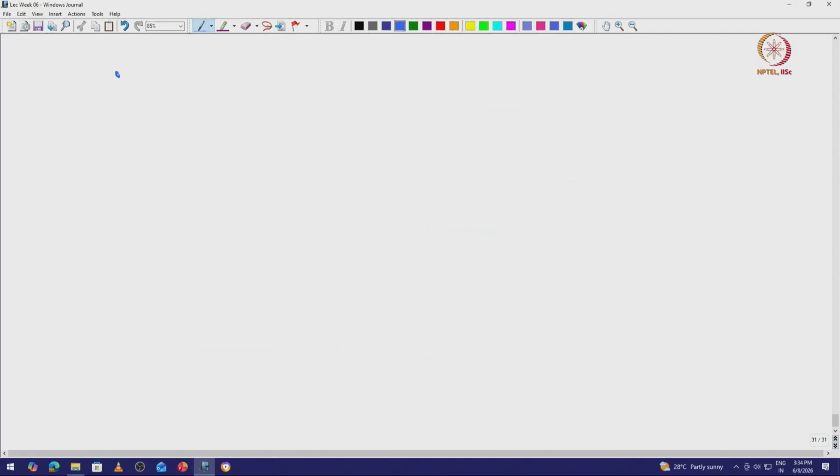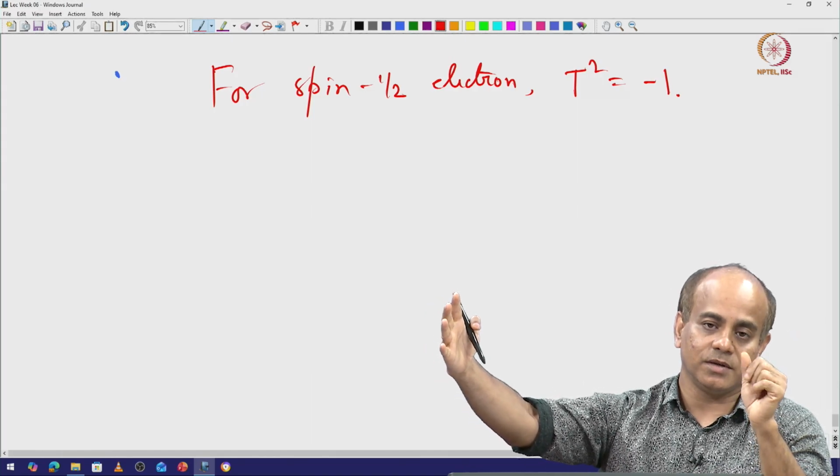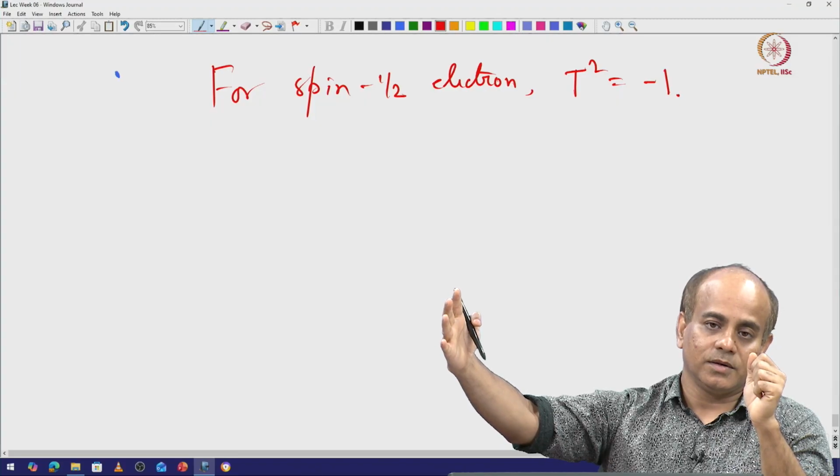So, let me rewrite it. For spin half electron, T square equal to minus 1. And that is consistent with the fact that when you apply T twice on a state, we have some spin state, we apply it once and then it goes to some other state, and if it is an up spin state it goes to down spin, and that is what it is, right.